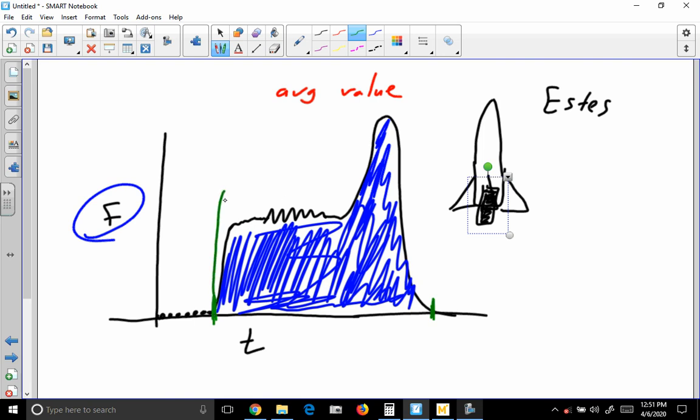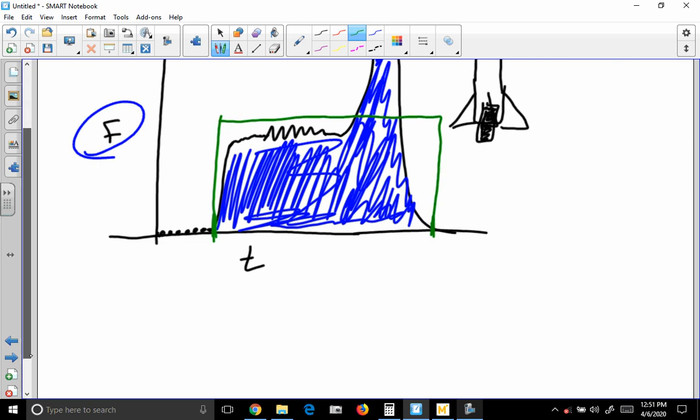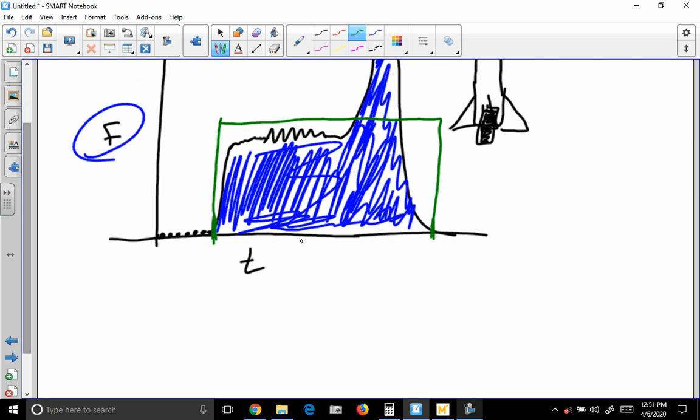So our rectangle might have a height like that. So if we were to calculate the area of that rectangle, it would be the same as that blue region. So the area of the blue region is given by the integral, and let's change colors so maybe we can keep this straight.